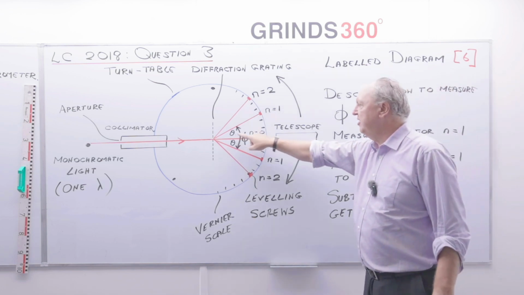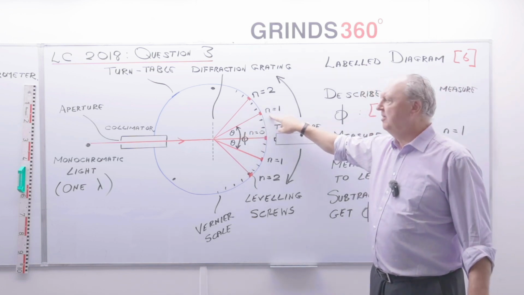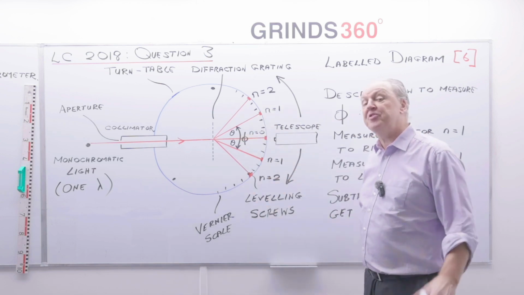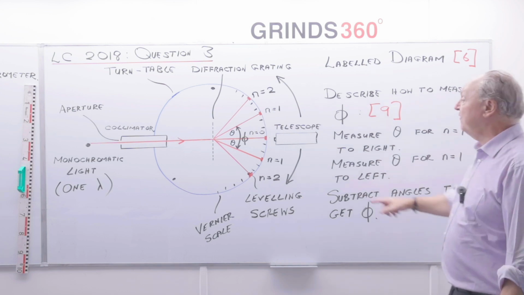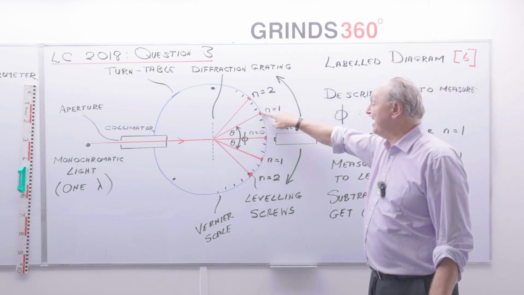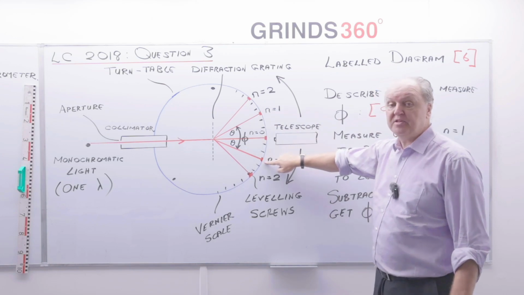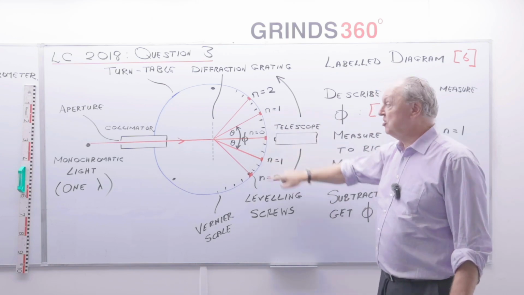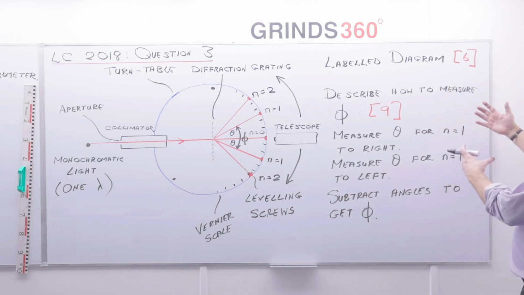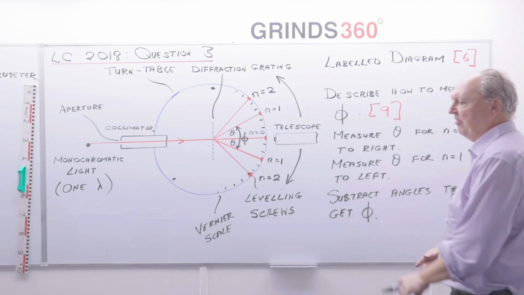You've already got theta written down in your diagram. Measure theta for n equal to 1 to the left. And then subtract the angles to get phi. So if you subtract those two angles, whatever that angle is and that angle there is, get your value for phi. So 9 marks for that description, 6 marks for your diagram.